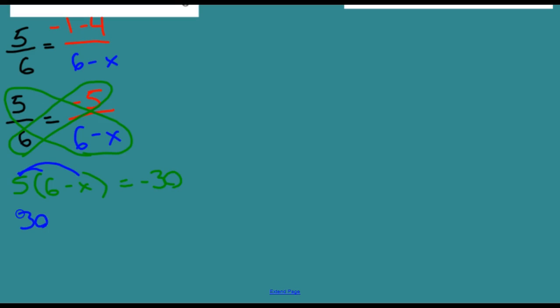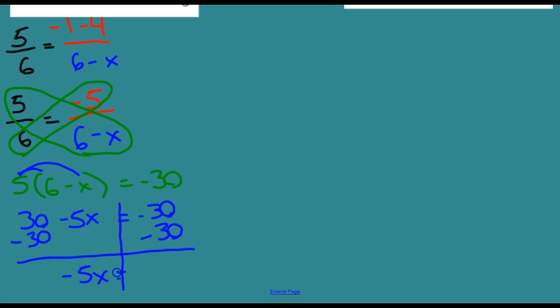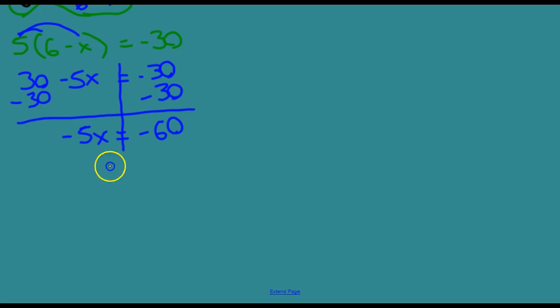So we get 30 minus 5x equals negative 30. Subtract 30 to get it on the other side. So we get negative 5x equals negative 60. Divide that by negative 5. We get x equals 12.